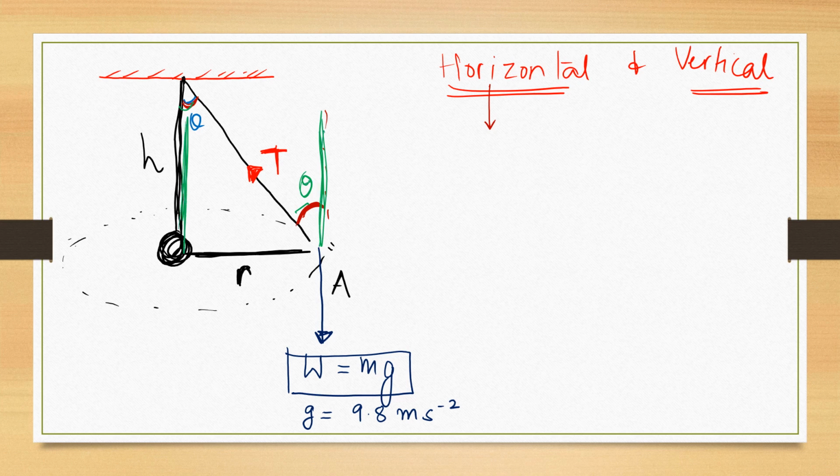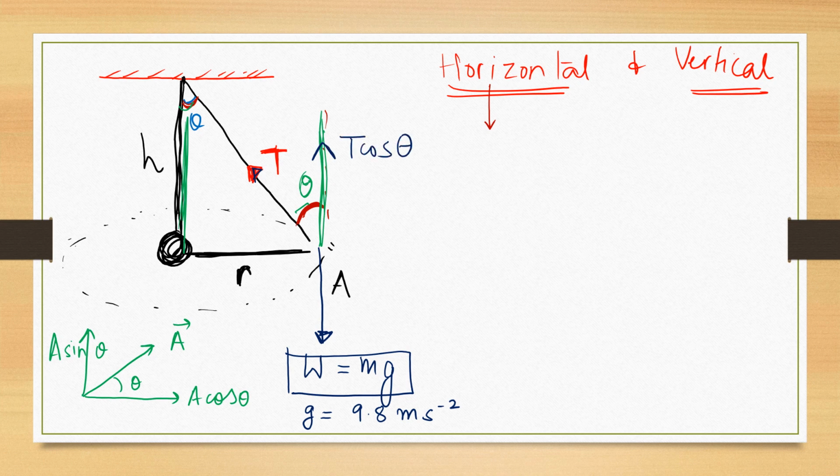As we have already done in vector analysis, if you have any vector A, the horizontal component is A cos theta if this angle is theta, and the vertical component is A sin theta. Similarly here, this is T cos theta, and this is T sin theta.